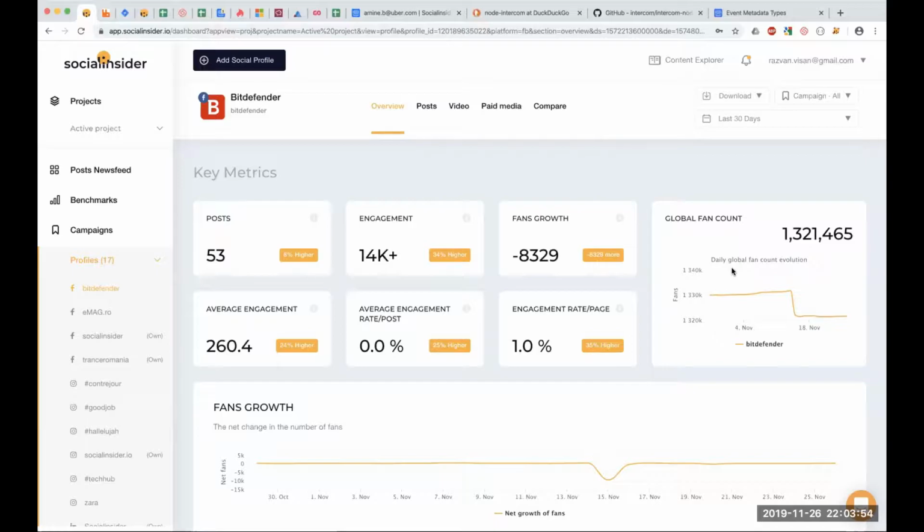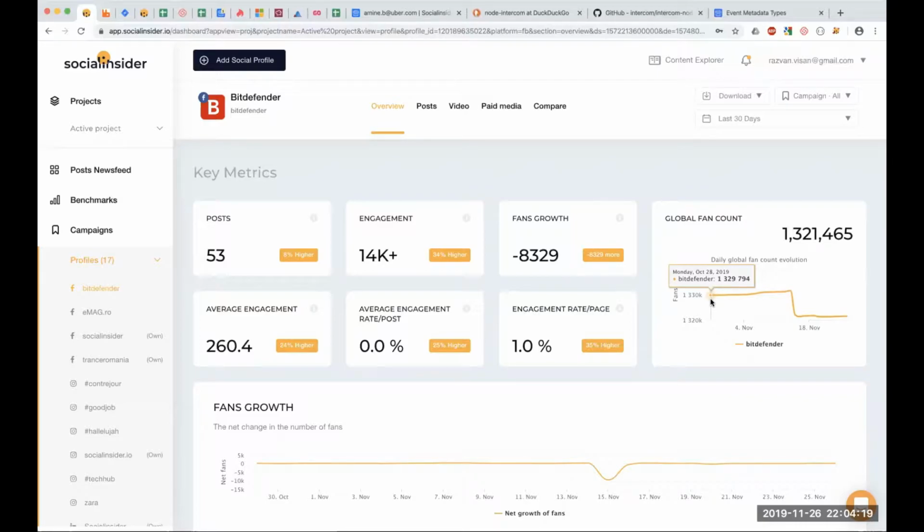This means that we can only have the fan counts for the pages or profiles that someone adds in Social Insider. So when someone added, for instance, Bitdefender, maybe 2 years ago, in this case we will get the fan counts for each day of the last 2 years.